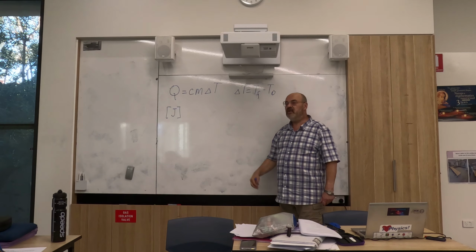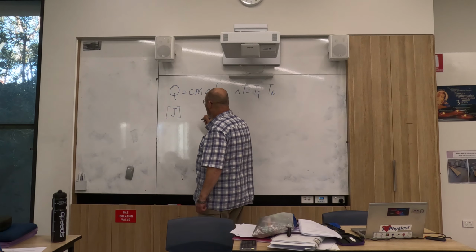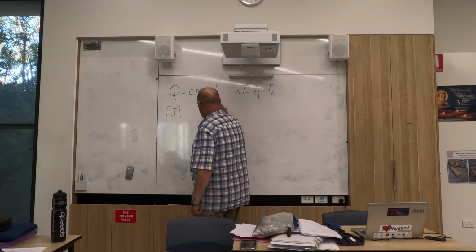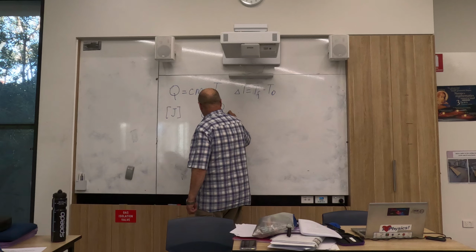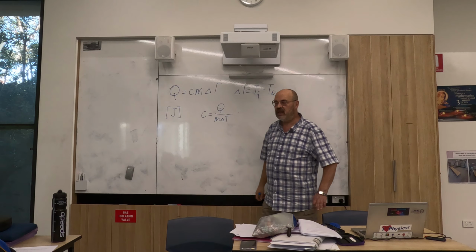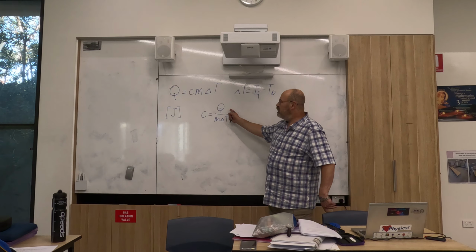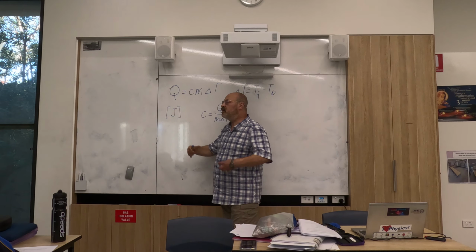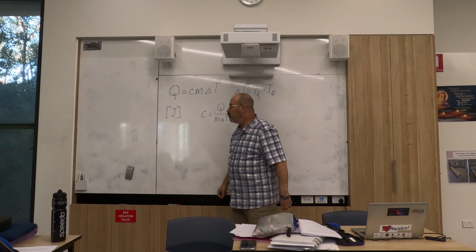Now, if you rearrange this formula to make specific heat capacity the subject, c equals Q over m delta T. This is specific heat capacity. Q is the amount of heat that we give to the object, or take from the object if it's cooling down.